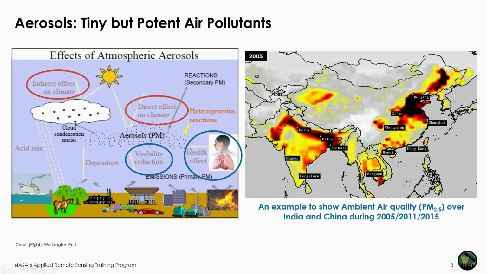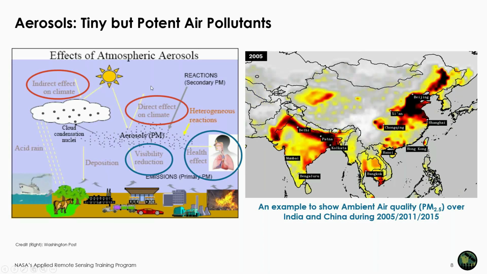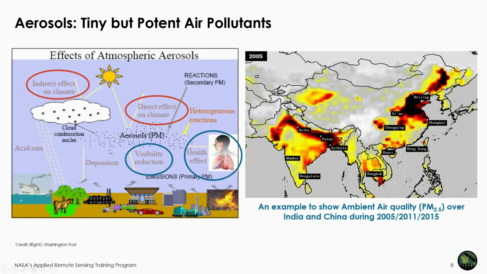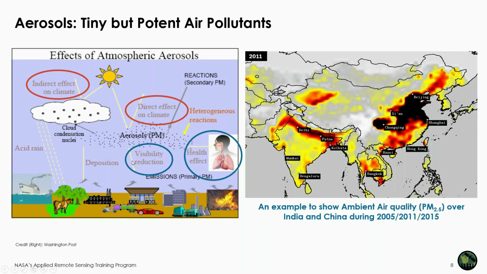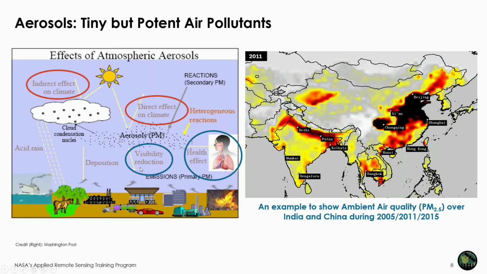Then the radiation interacts with these particulate matters. Some of it can be directly reflected back into space, and some portion of this radiation can get through this air column, the suspended particulate matter, and interact with the Earth's surface, where visibility reduction takes place.